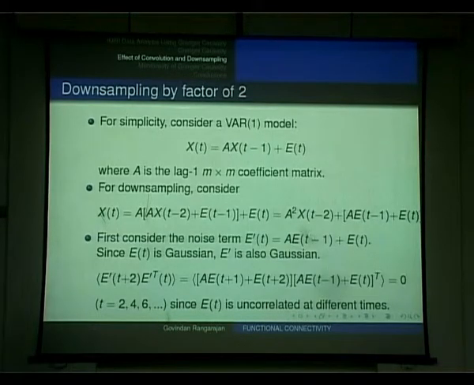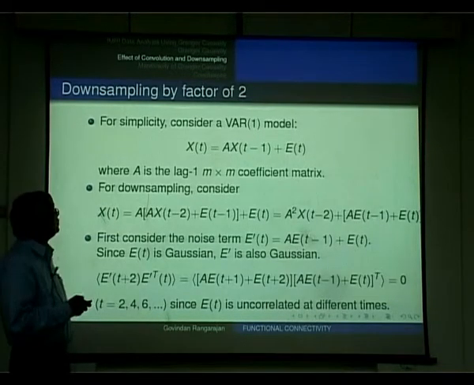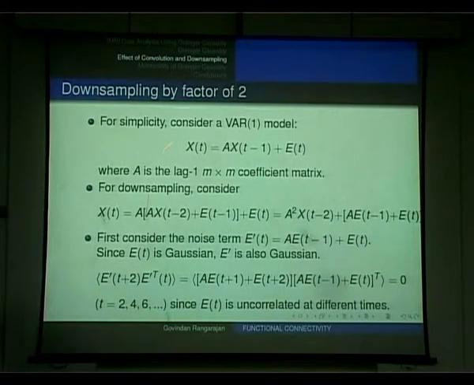Now let's look at downsampling by a factor of 2. I'm modeling the neuronal signal by an autoregressive process. I'm taking the simple example of an autoregressive process of order 1. That is, I assume that x at time t can be predicted by using only one term, x at time t minus 1, just the previous time step, and then there is an error.